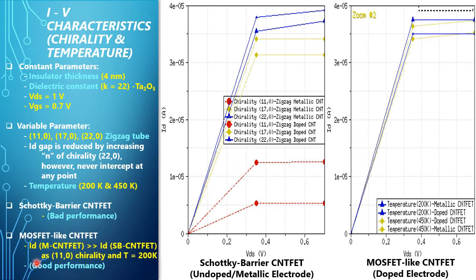So the last line shows that the ID of the MOSFET like CNT is much greater at 200 Kelvin. So yes, that's that. The MOSFET like CNT should be chosen at any cost.